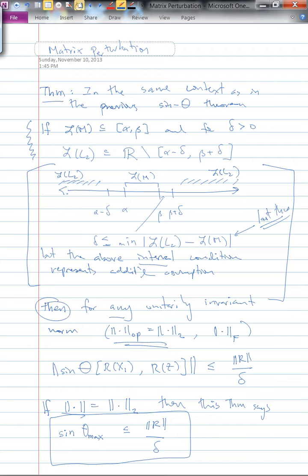Okay, so let's quickly give the proof of this. So check that without loss of generality, we can assume that the interval is centered around 0.